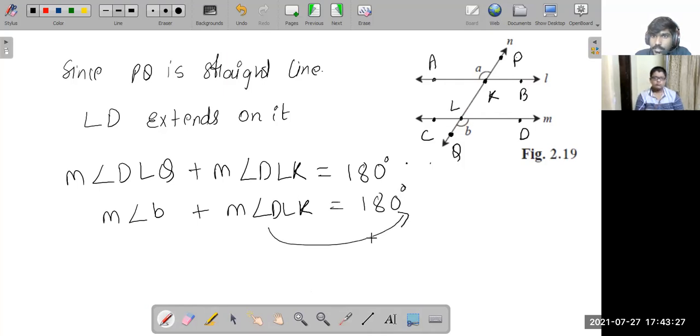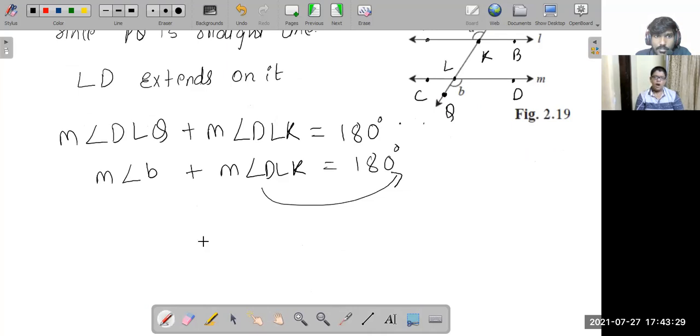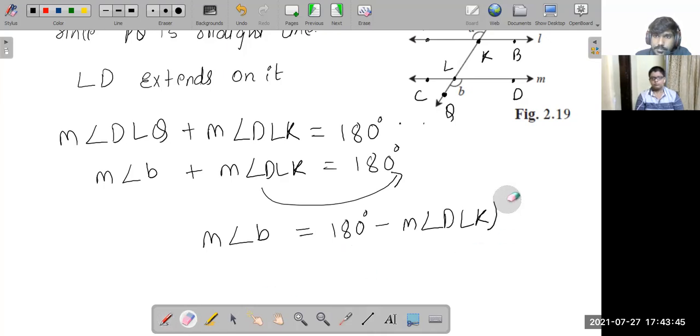Take this on the other side. So you will have measure angle B is equal to 180 degree minus measure angle DLK. Is this clear? Name it as equation number 2.